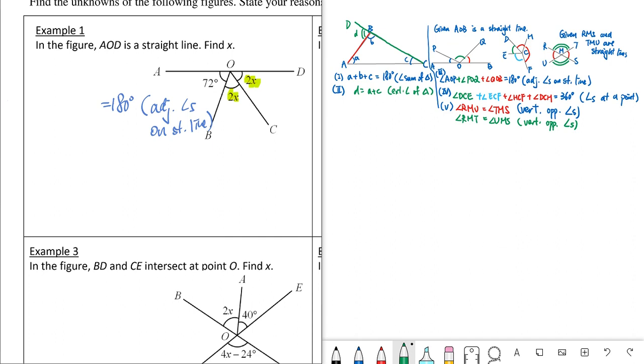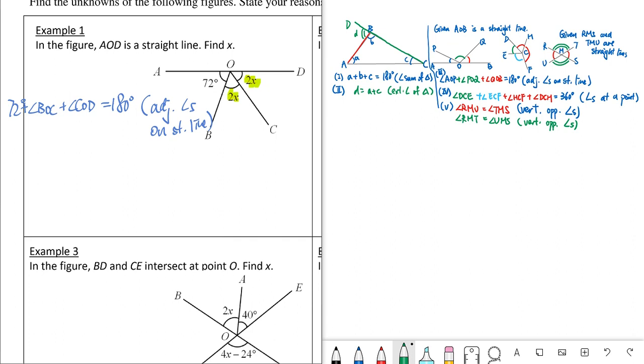That is 72 degrees, since only marked once in the figure, that's okay. And then for the 2x, actually you are talking about angle BOC, which has a value of 2x, and the other one is angle COD, although it also has a value 2x. If you present in this way, then it will be more clear.